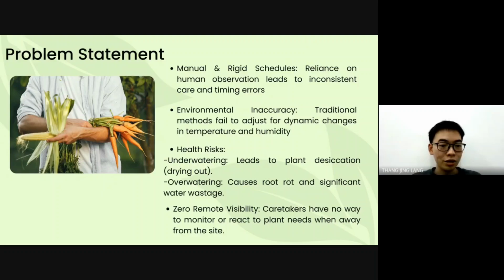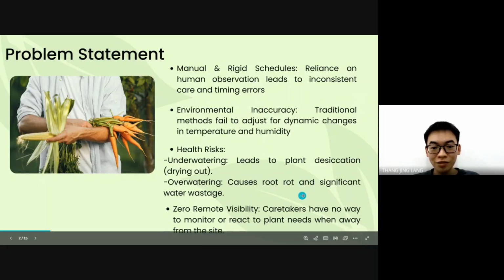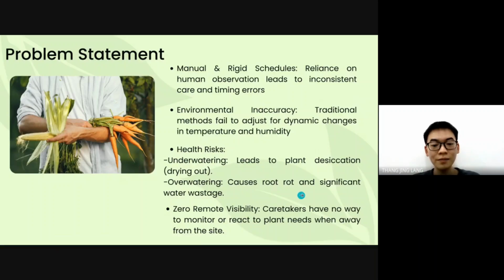Okay, this is our problem statement. The first is manual and rigid schedules: reliance on human observation leads to inconsistent care and timing errors. Environmental inaccuracy: traditional methods fail to adjust for dynamic changes in temperature and humidity.